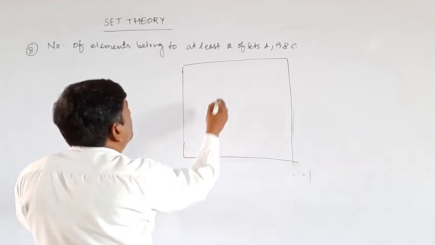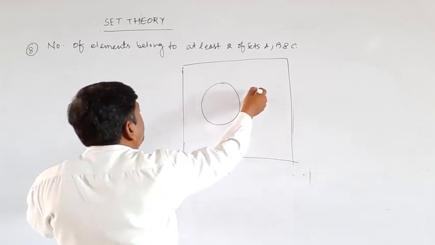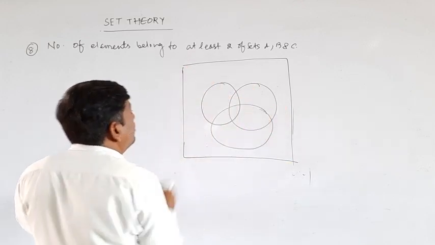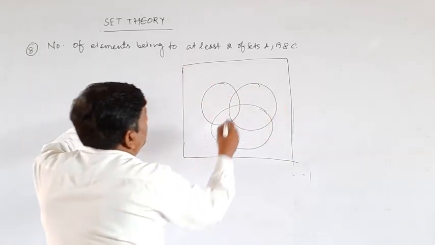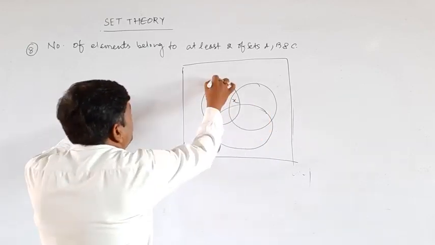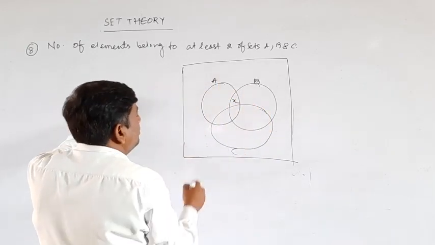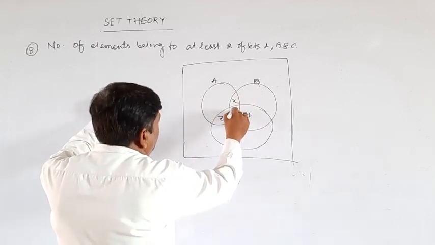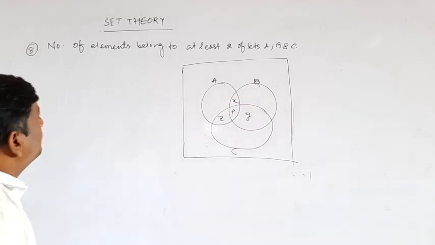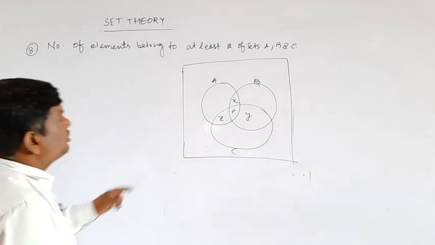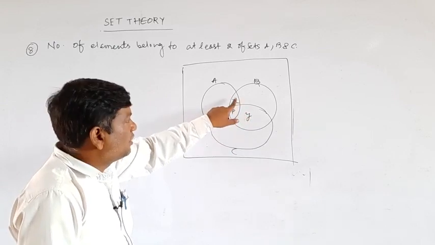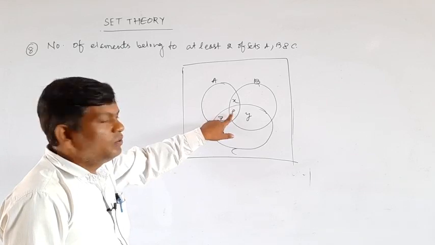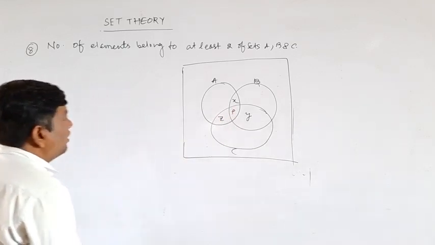At least 2 means 2 and 3. So this is A and this is B and this is C, and this region is suppose P. Here at least 2 means these 2 cases, and this is for the 3 case.